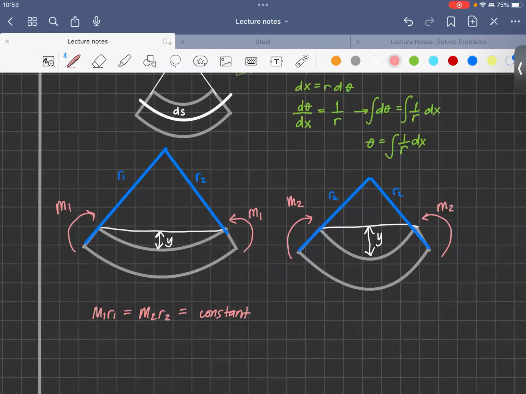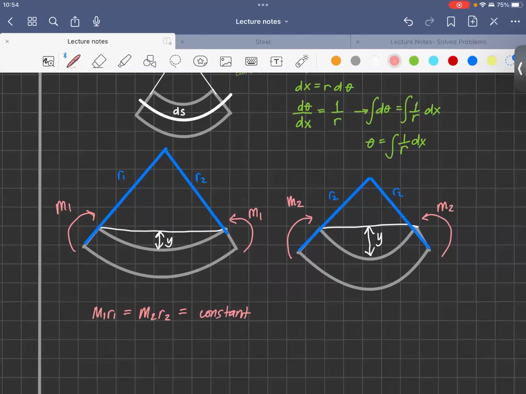So the constant value can actually be determined based on the geometry of the cross-section of the shape and the beam's material type.